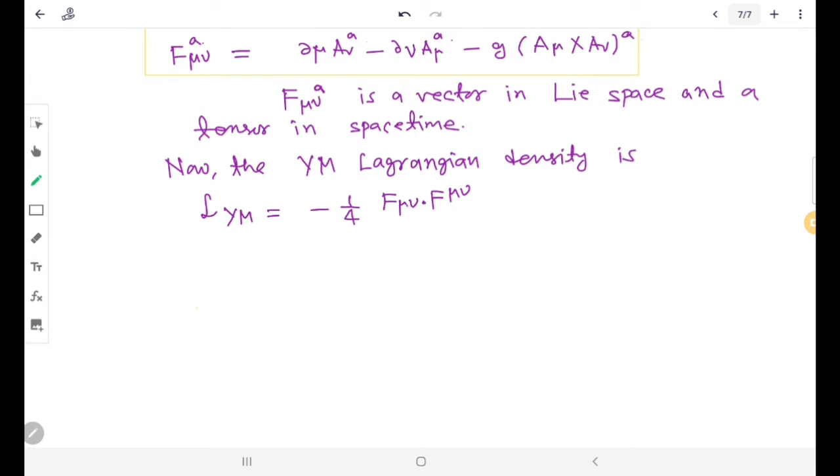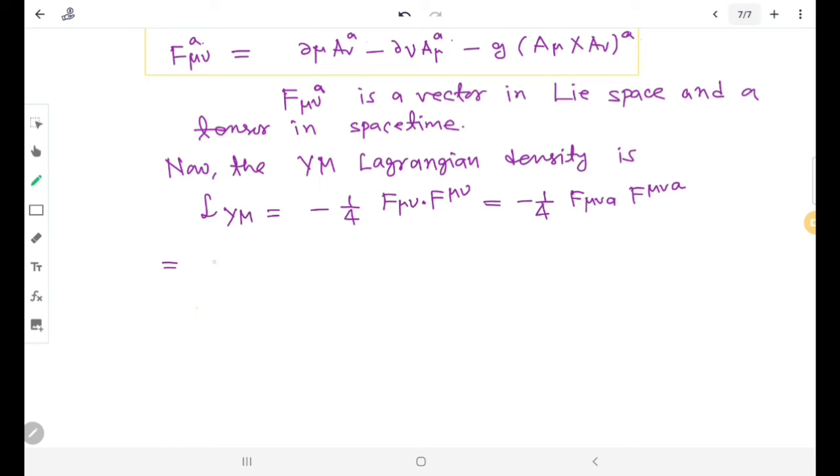So what is this dot for? This dot is for the Lie vector. Remember, we can write this as well as F mu nu A and F mu nu A. Okay, so let us expand this and see what exactly we are going to get.